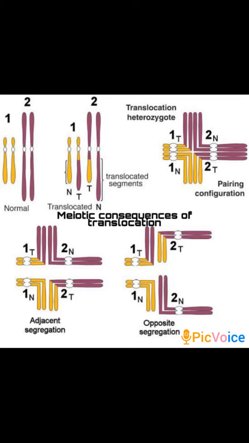Now we are looking into translocation heterozygote. Here also behavior of chromosomes will greatly be specialized. Due to partial homology between two pairs of chromosomes which have translocated with each other, multivalents of chromosomes are formed during meiosis.